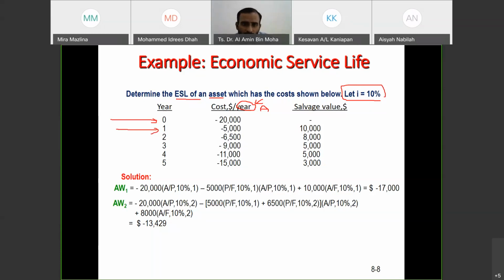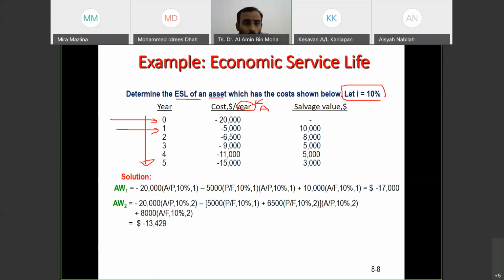So that is the information until year 5. So cost 6,500, 9,000, 11,000, 15,000. These are the operating years. It may go up, that's fine. So we just take costs until year 5.